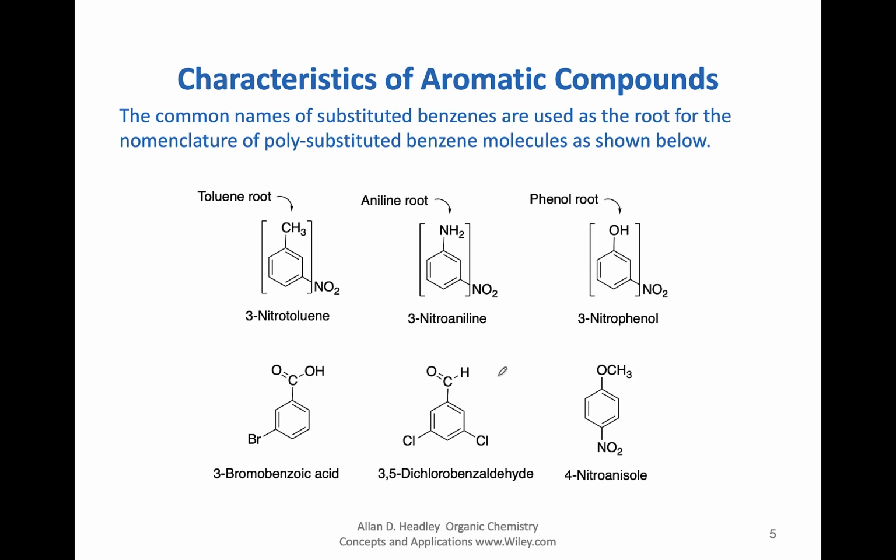So let's look at those. So if we have a molecule like this one right here, what you need to do is to observe one of those root names, one of those common names. So here is toluene. So that becomes toluene and not methylbenzene.